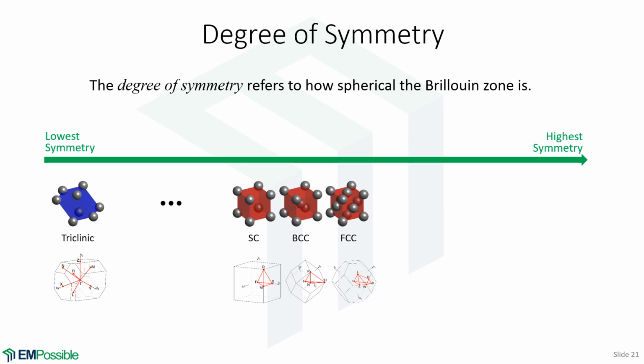Within that, within the cubic class, the simple cubic has the least spherical, the body-centered has the second most spherical, or second least spherical, and the face-centered has the most spherical Brillouin zone. So of all the 14 Bravais lattices, face-centered cubic has the highest symmetry.